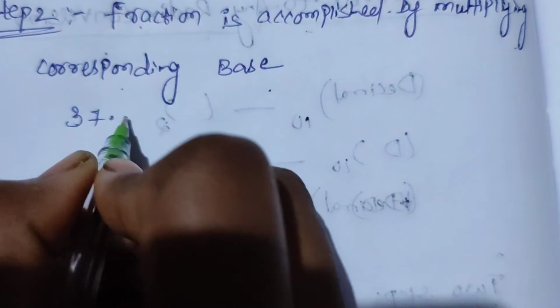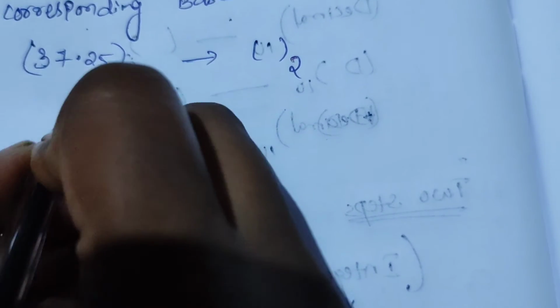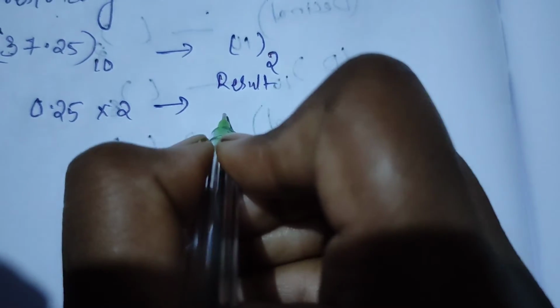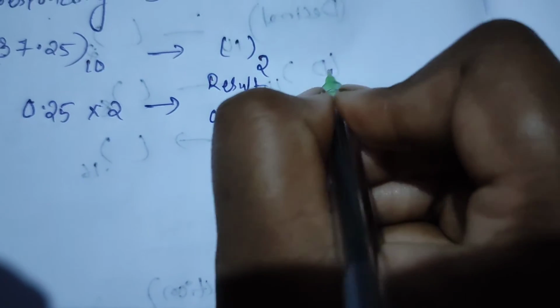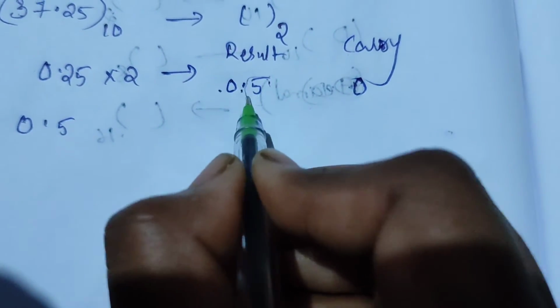So let us take an example of the previous one, 37.25. It is to be converted to binary, say. So 0.25 is to be multiplied with 2. So the result is 0.5. So before the decimal point 0 is there, so take it as carry, and multiply again the value after the decimal point, 0.5.